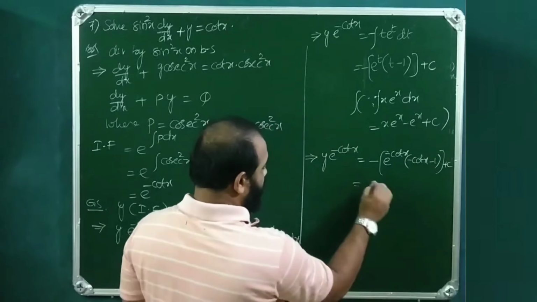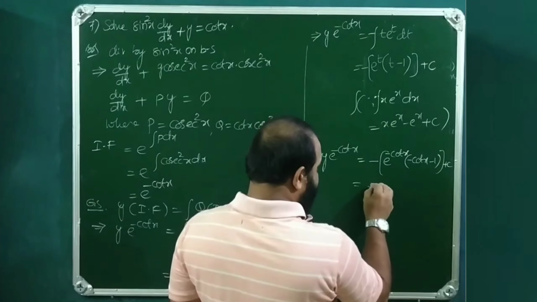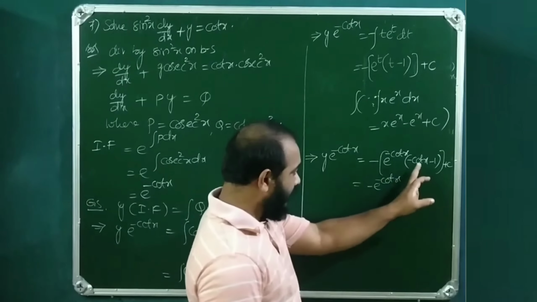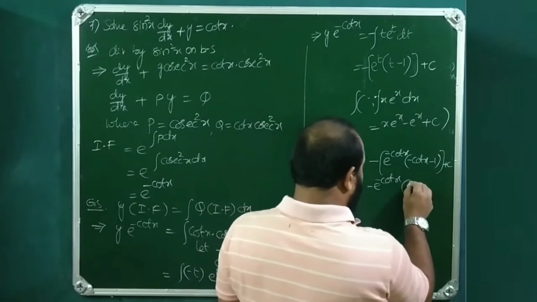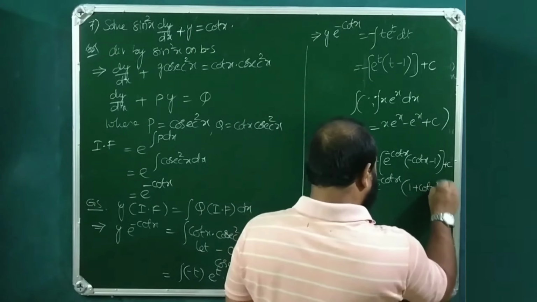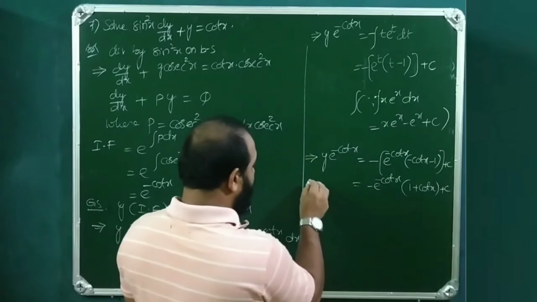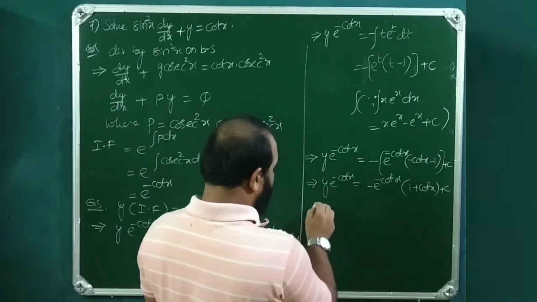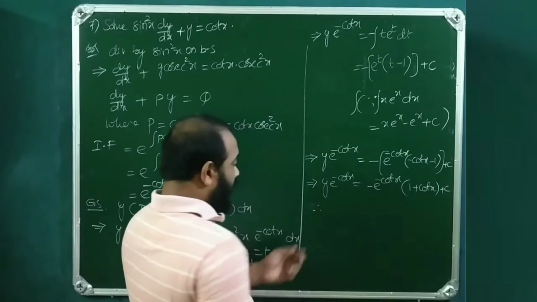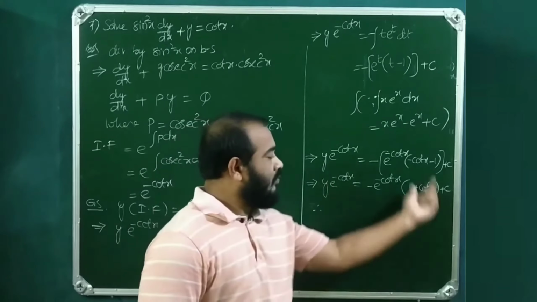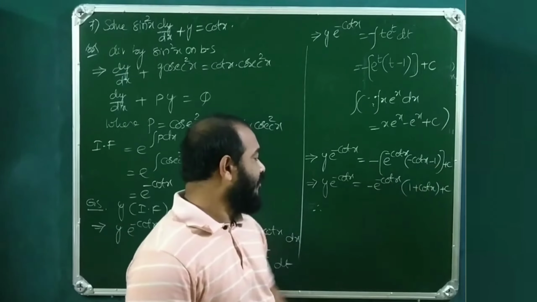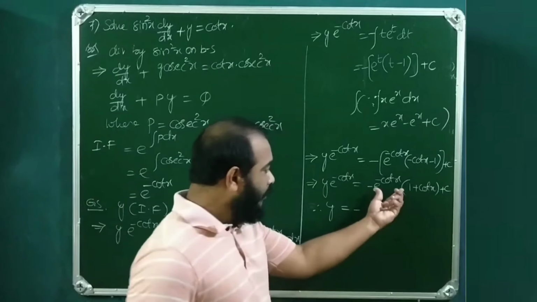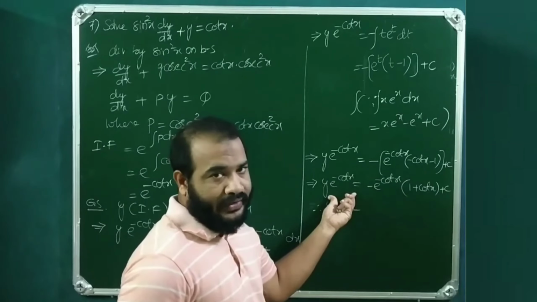This is equal to minus e power minus cot x times, taking minus common, 1 plus cot x, plus constant of integration c. Now if we bring e power minus cot x to the other side, y is equal to e power minus cot x divided by e power minus cot x, which gets cancelled.